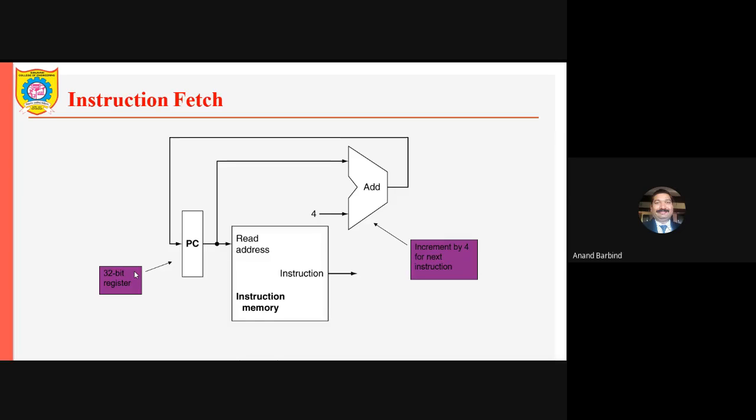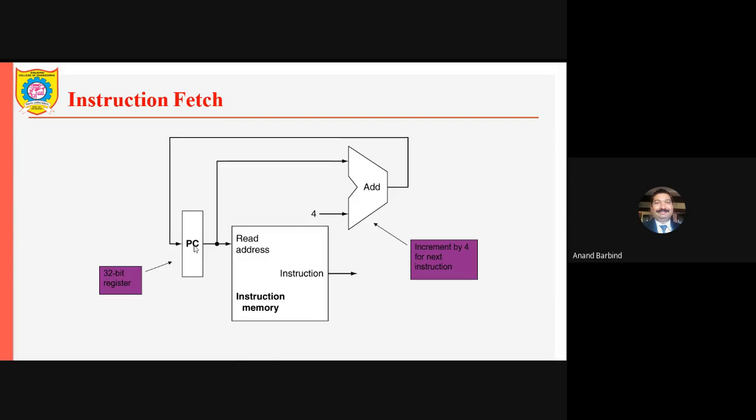This MIPS register is of 32 bits, each instruction is of 32 bits, and here the address also is 32 bits. Depending on how many address lines are there, that determines the size of this instruction memory.